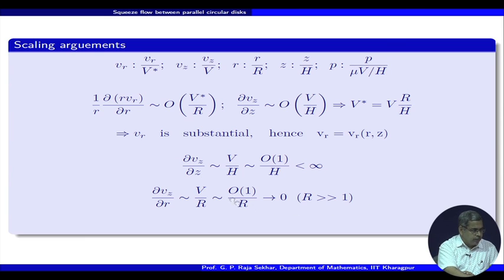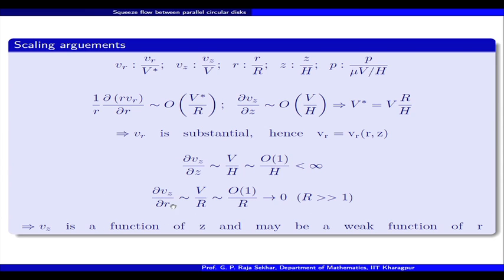Hence our conclusion that V r is substantial has to be supported by some conclusion on V z. That is nothing but V z is a function of z and maybe a weak function of r, which is negligible. So in some sense the lubrication kind of approximation is indirectly reflected in this fashion.